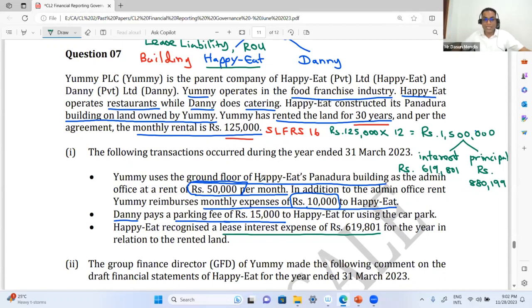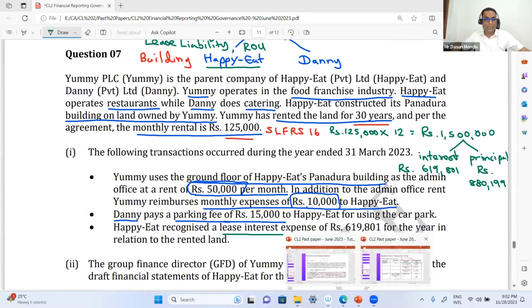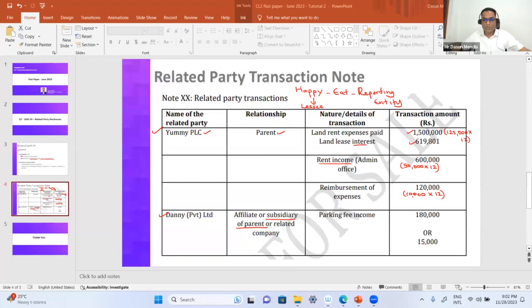In the other cases it was mentioned, 50,000 per month, 10,000 monthly expenditure, always a monthly rental of 125,000. But here, the 15,000 parking fee was not clear whether it is for a year or a month. So marks have been given for both.